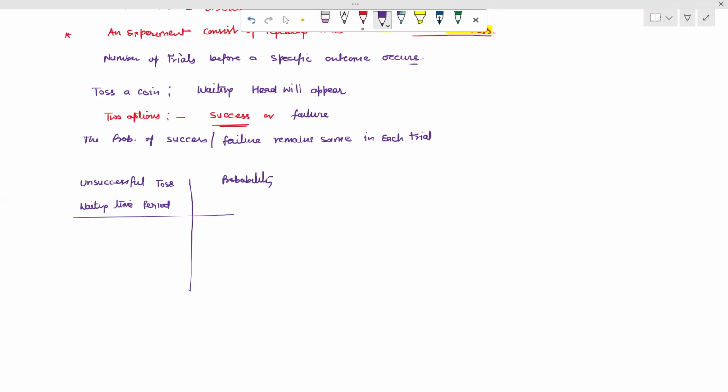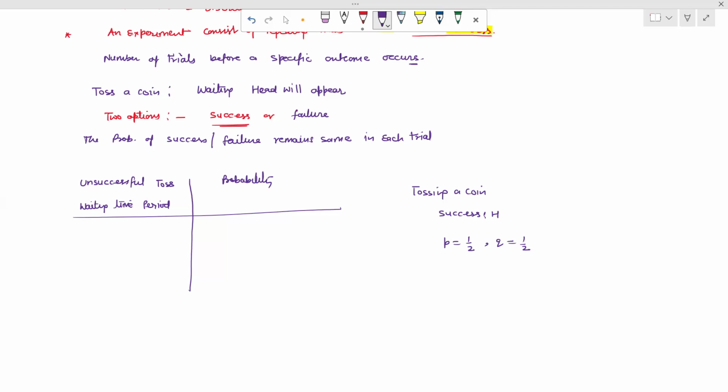Now, when we are tossing a coin, what is the probability of getting a head? Getting a head is our success. The probability of getting a head is 1 by 2, and not getting a head is also 1 by 2. So P equal to 1 by 2 and Q is equal to 1 by 2.